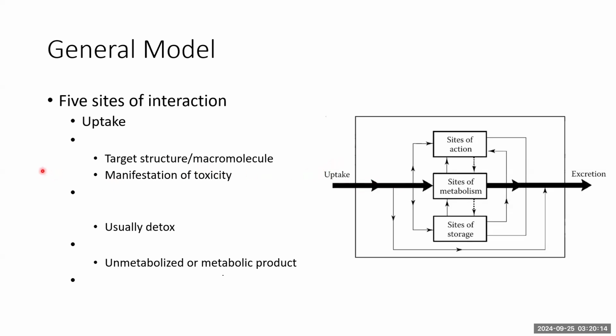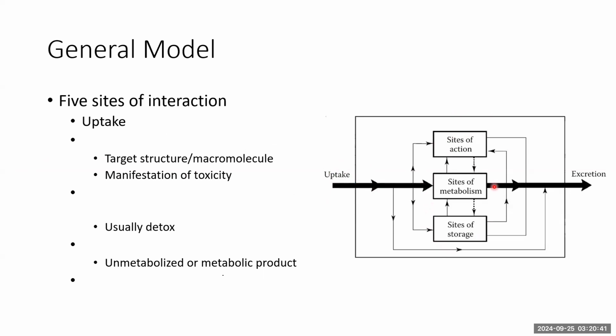Once it's in the organism, there are 3 different ways in which that organism can deal with those things. These 3 components here in the middle of the organism are not sequential.